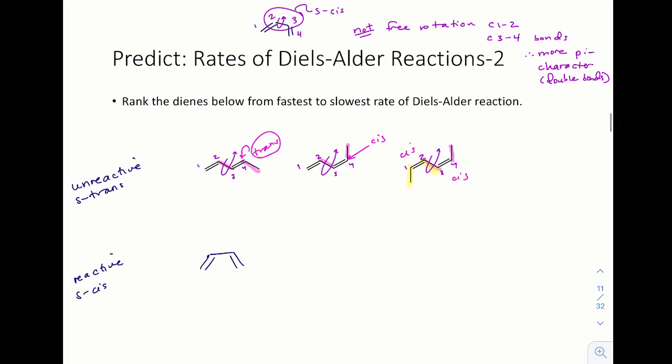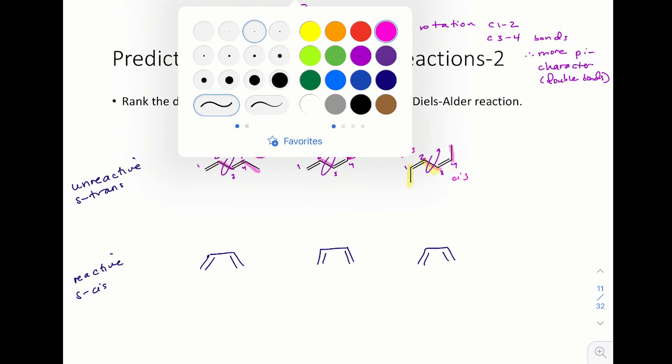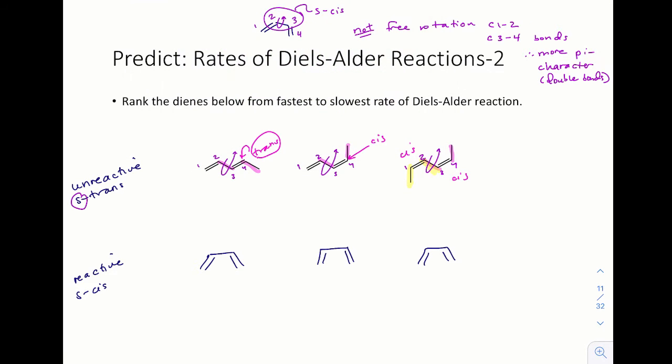All right, so in the S-cis conformations, all of these dienes will look like this, where S-cis and S-trans, again, is referring to rotation around the single bond, the carbon 2-3 bond, because there's free rotation. And again, that is not the case for the bonds that are represented better by more double bond character, like carbons 1-2 and 3-4.